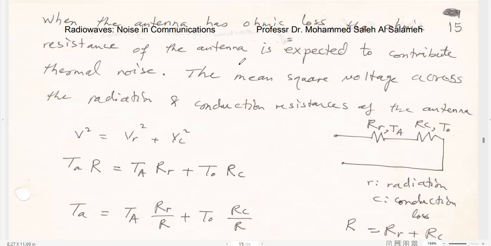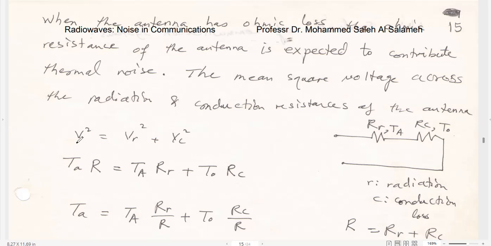The noise temperature of the antenna is related to radiation resistance as well as conduction loss resistance.